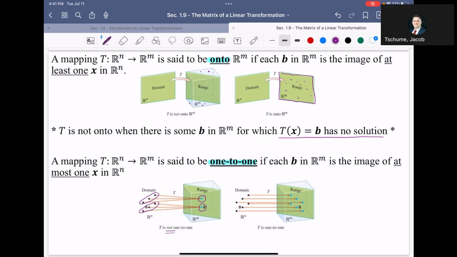Versus if you look at the second picture I have, we have 6 vectors in the range that we're worried about. And you notice that each and every one of those vectors comes from a separate vector in the domain. So once again, if every vector in your range comes from one vector in the domain, you have a one-to-one linear transformation.